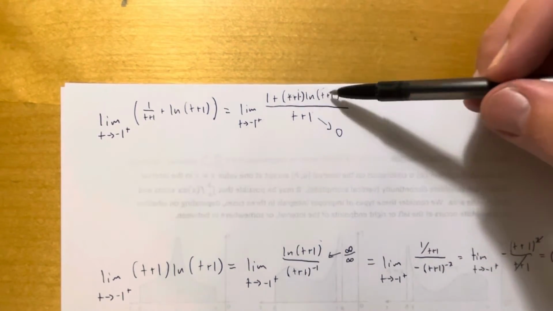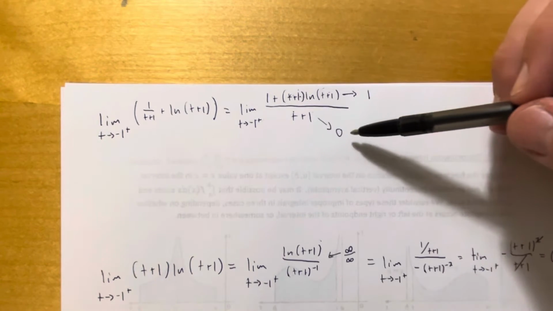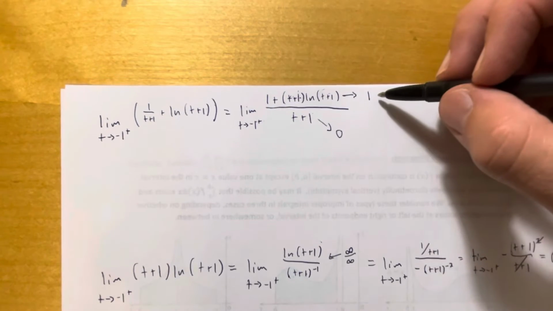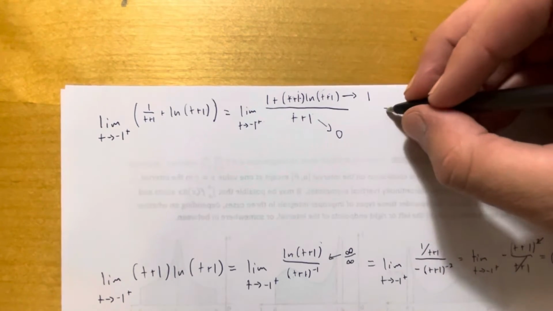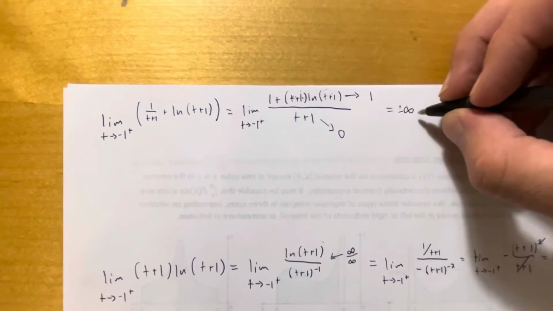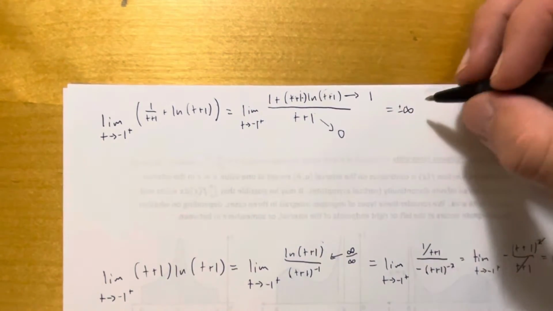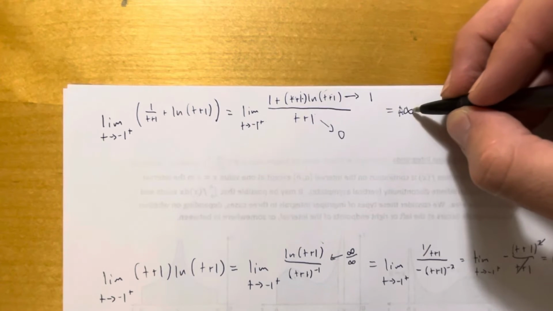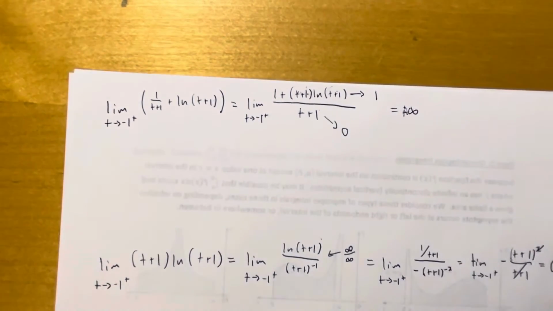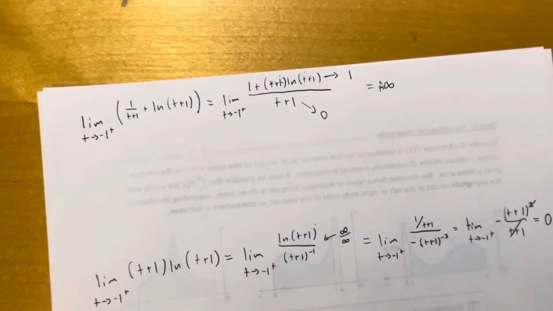Or it's not an indeterminate form where I could use L'Hopital's rule. Instead, it's going towards 1 over 0, which is the type of limit that leads to either a positive or negative infinity. Doesn't matter which one, because the point is that this thing is divergent. So going back to my original example now, flip that around.